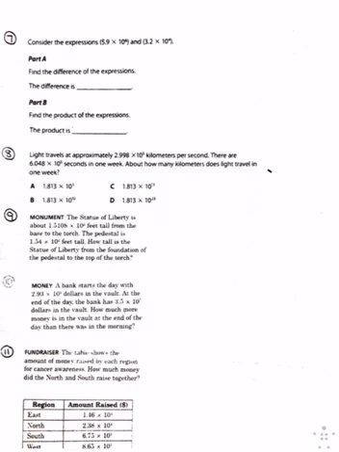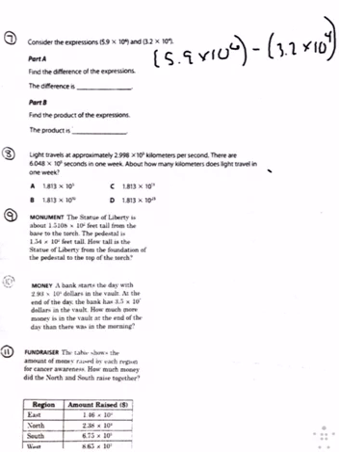Number 7, consider the expressions 5.9 times 10 to the 6th and 3.2 times 10 to the 4th. Find the difference of the expressions. The difference means subtract. So I'm going to subtract 5.9 times 10 to the 6th minus 3.2 times 10 to the 4th. I need to make the exponents the same.